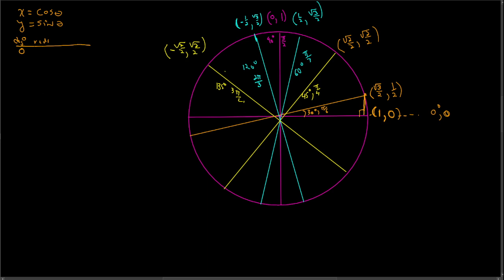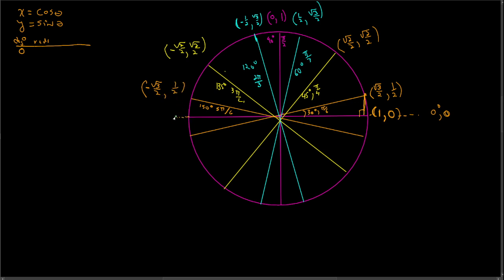And so now we're at 150 degrees, or 5 pi over 6. And we're at negative root 3 over 2 for cosine, and 1/2 for sine.